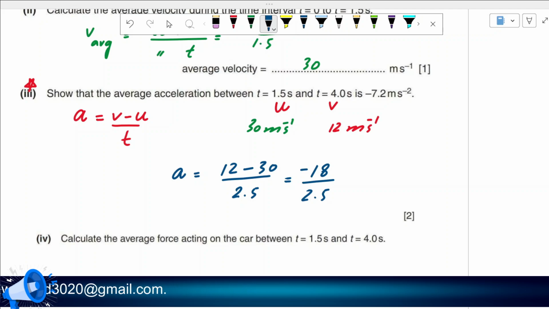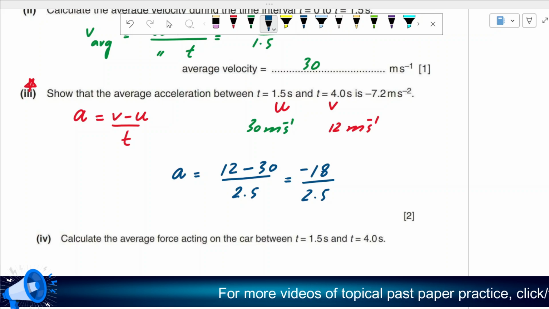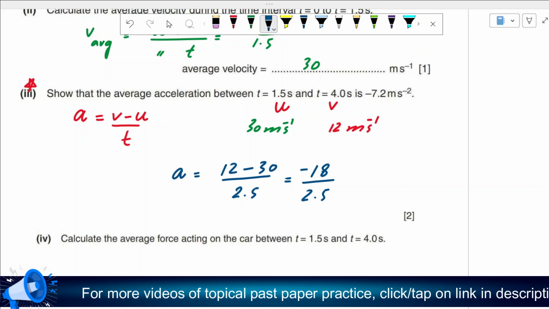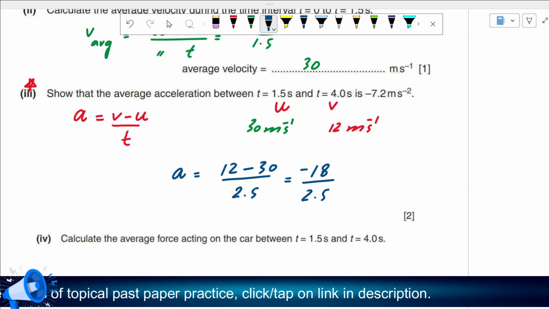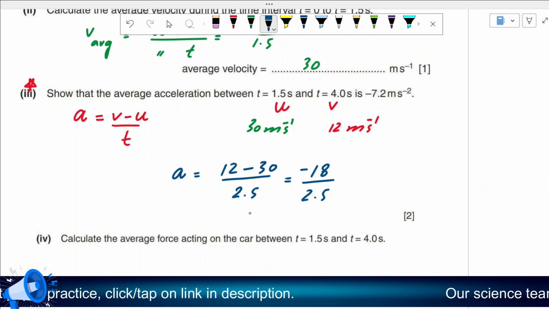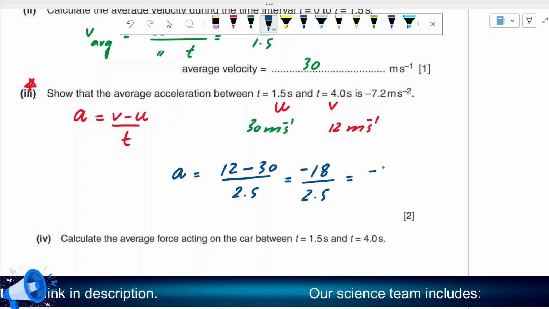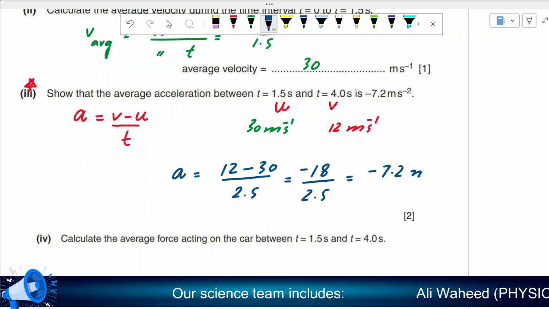So we'll be left with minus 18 divided by 2.5. We get exactly 7.2 with the negative sign.